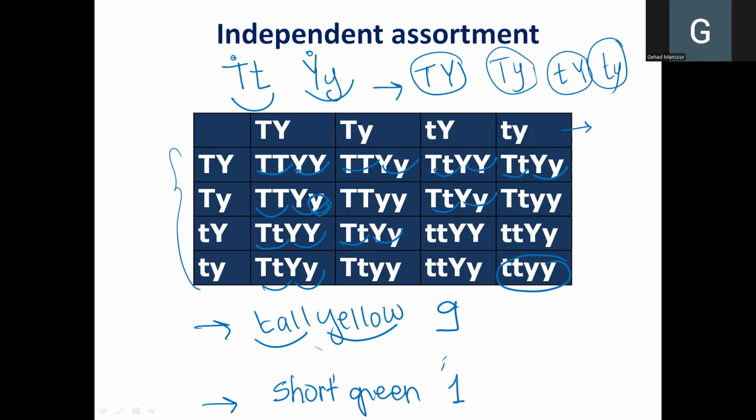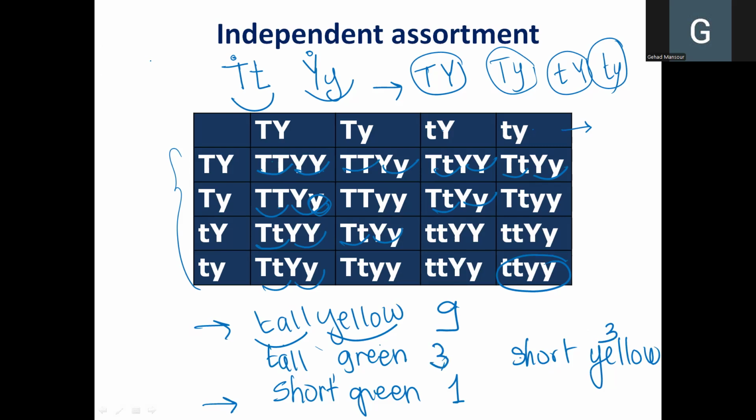It's only 1. And then you have tall, green, and you also have short, yellow. One is dominant, the other is recessive. One is recessive and the other is dominant, whose probability or percentage is 3.